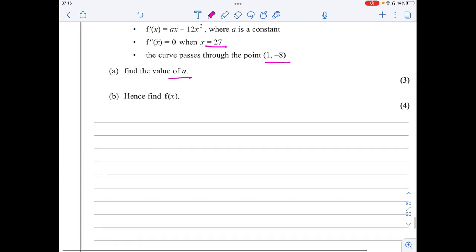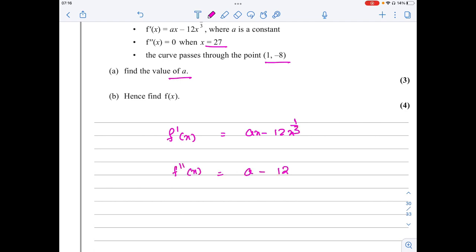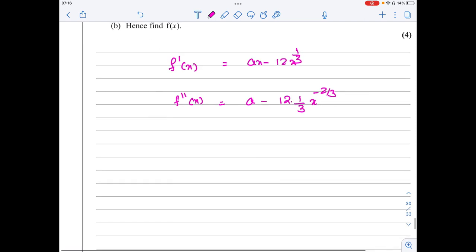So f prime x has been given as ax minus 12x to the power of 1 upon 3. From there I'll be finding f double prime x, which is a minus 12 times 1 upon 3 times x to the power of negative 2 upon 3. So f double prime x will be a minus 4x to the power of minus 2 upon 3.